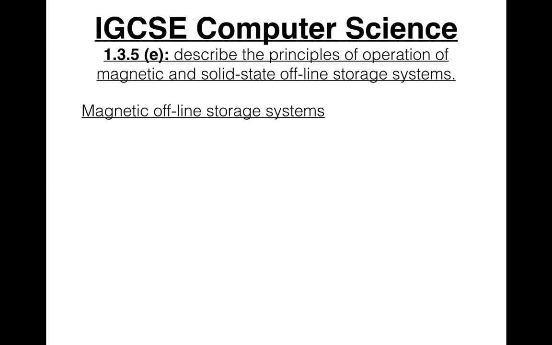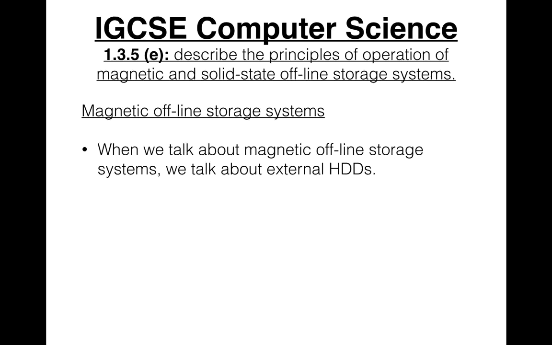So magnetic offline storage systems. We know the principles of operation of magnetic secondary storage, platters, stuff like that, so we don't really need to look at that. We just need to think about the external hard disk drives.